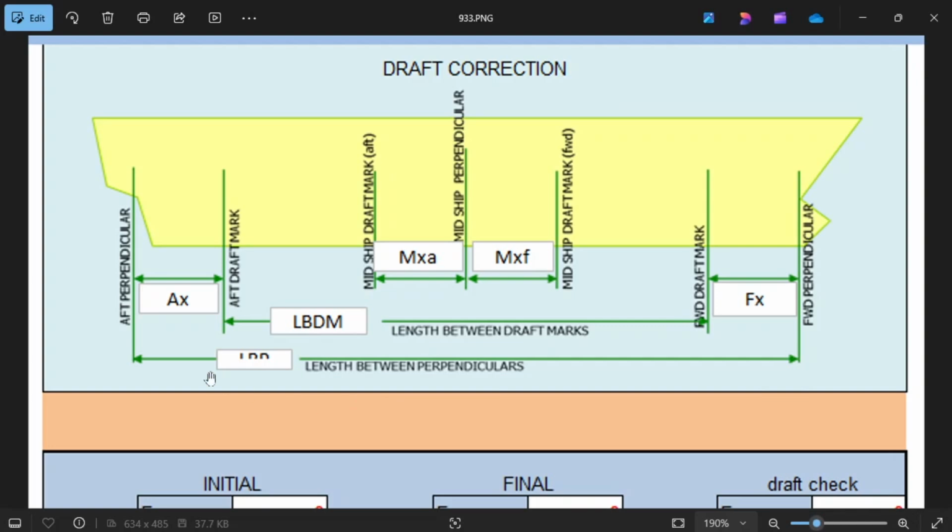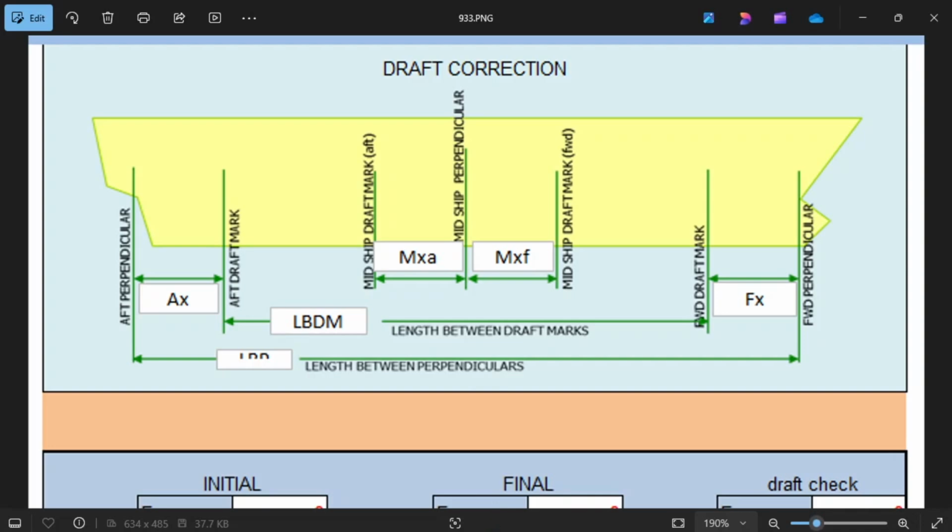The distance from the aft perpendicular to the forward perpendicular will be your LPP, or length between perpendiculars, measured from the forward perpendicular going backward to the aft perpendicular.